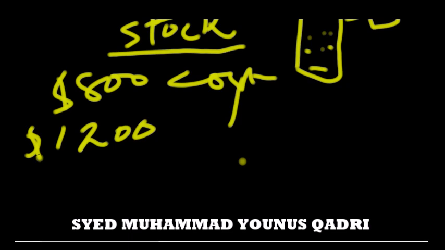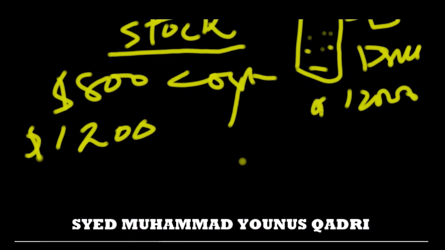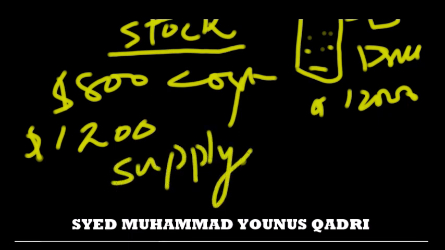So we mention the price of $1,200. Now, when this price is tagged on the commodity, that commodity is ready for supply.